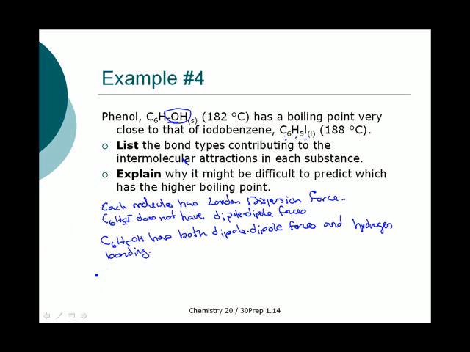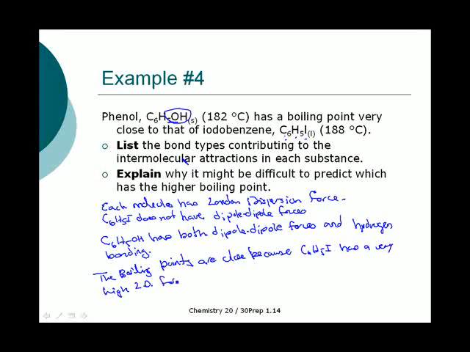And so the reason the boiling points are close must be because iodobenzene, so C6H5I, has a very high London dispersion force.